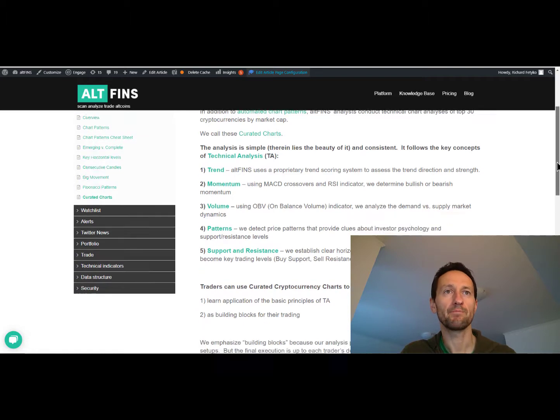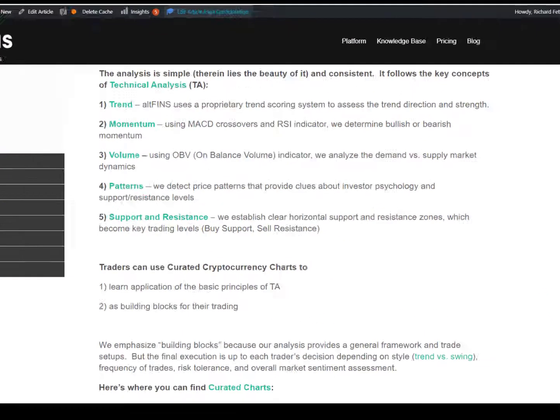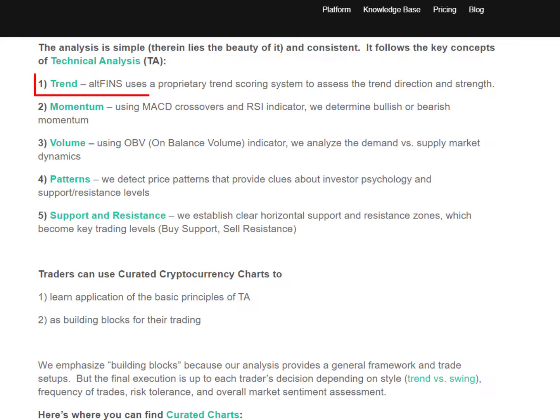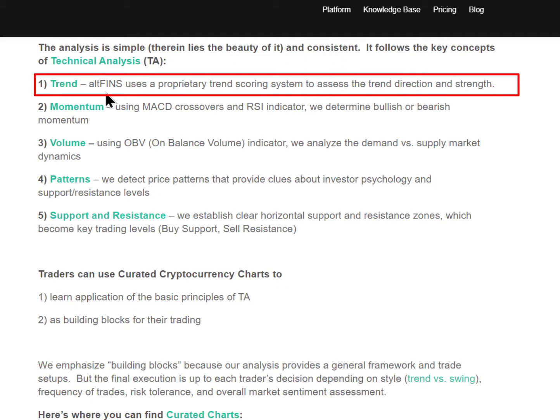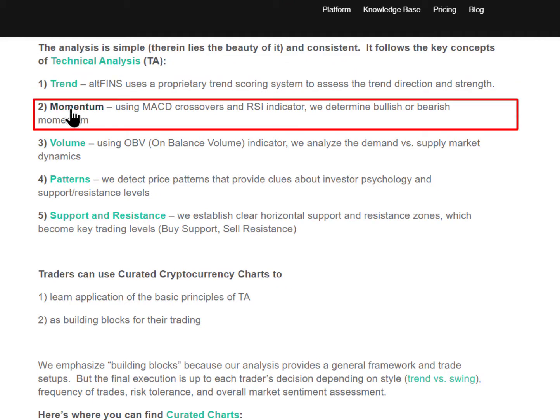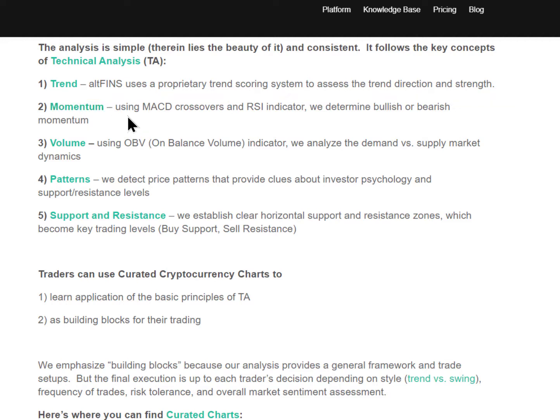You can read through it, but those key principles or building blocks of technical analysis are: 1, identifying the trend; 2, momentum, that's defined by MACD and RSI. And in momentum, there are swings, up and down swings in momentum, even in an uptrend, and you can use those swings in momentum to get your entry and exit timings right.